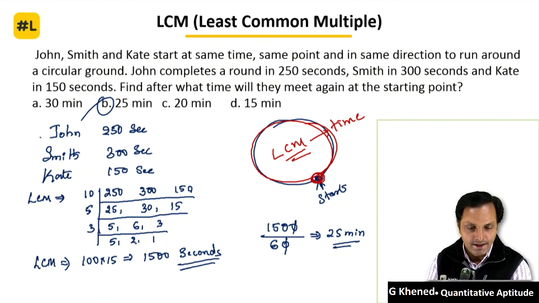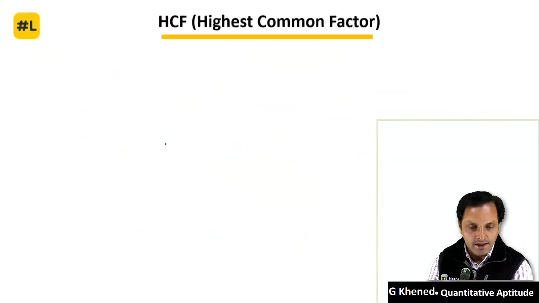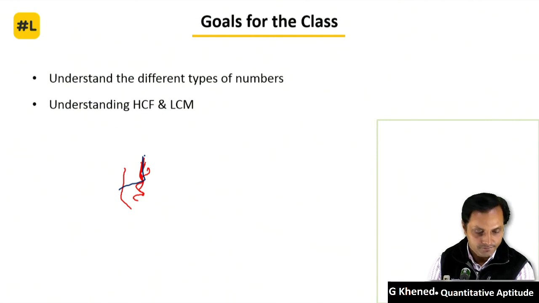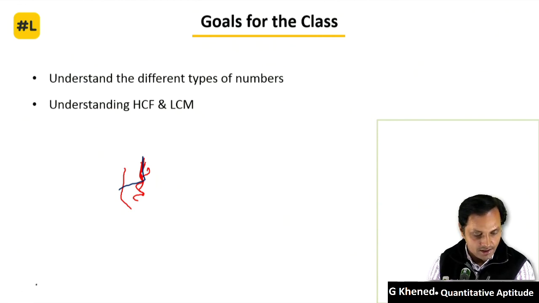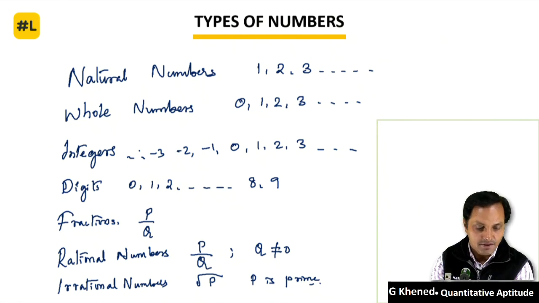Okay, fine. So let me quickly revise what all we have learned today. The first rule is you should know what are the various types of numbers are there. The numbers are natural numbers. The difference between natural number and whole number is only 0.